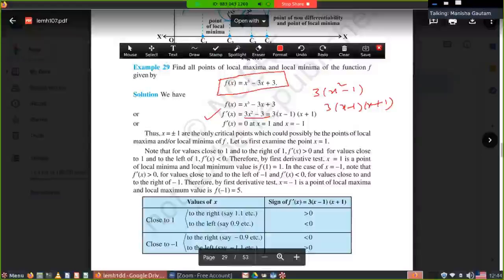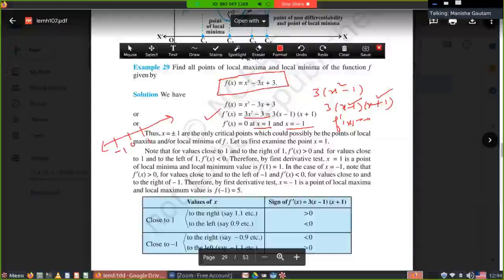Now, what are the critical points? Put this derivative equal to 0. Two factors are there. Put these factors equal to 0. You get x equal to 1 and x equal to minus 1. Now you have to create intervals very near to 1 and minus 1. Let's draw a number line. This is 0. Here is 1 and here is minus 1. I'm just telling you about 1.